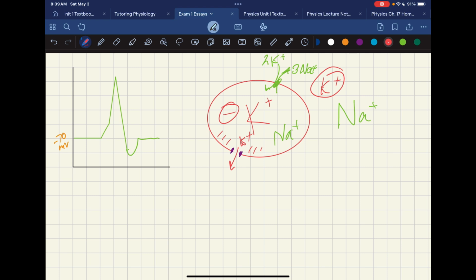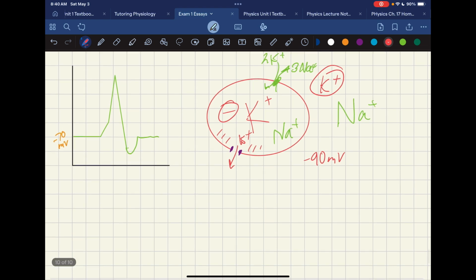So this creates an equilibrium potential for K, which is negative 90. Negative 90 is what potassium shoots for with its electrical gradient. However, due to the chemical gradient like we just talked about, it wants to move out. So therefore, we reach an equilibrium, which is the electrochemical gradient.